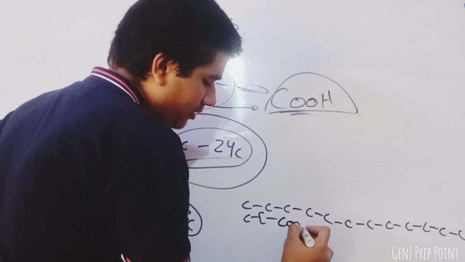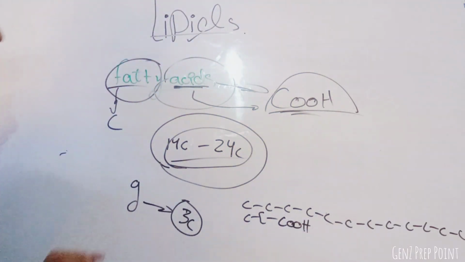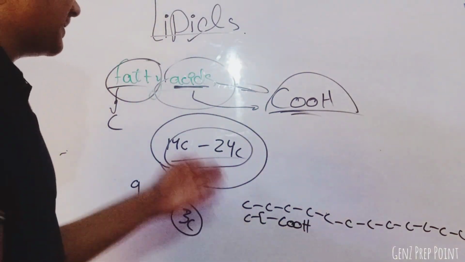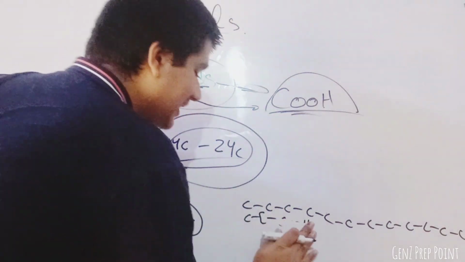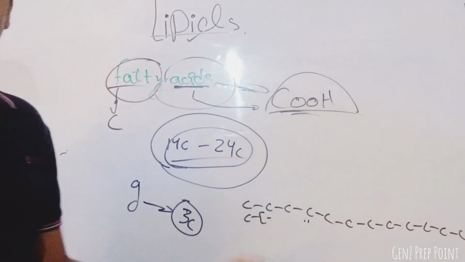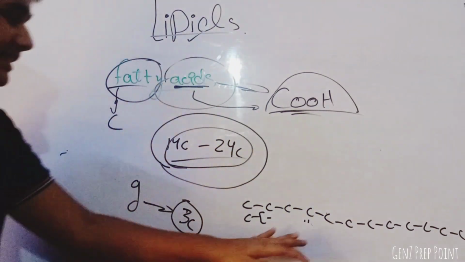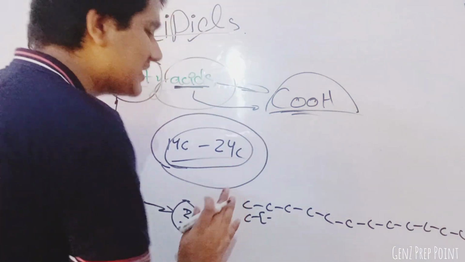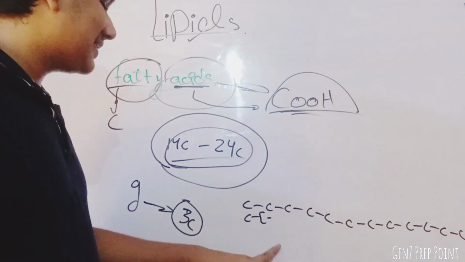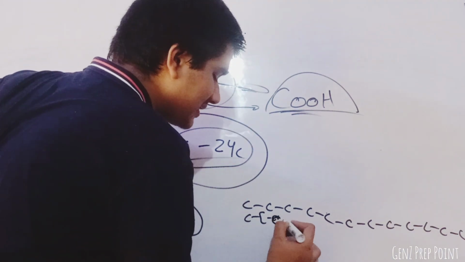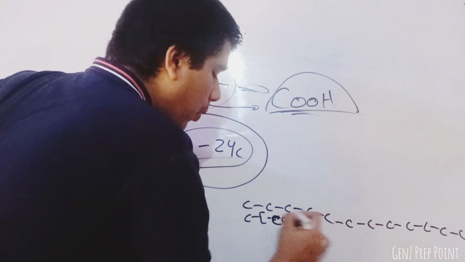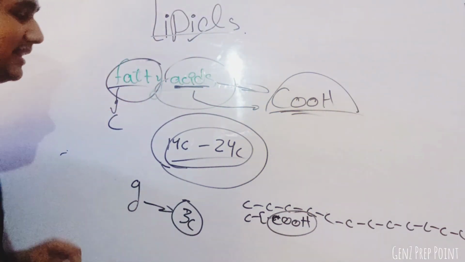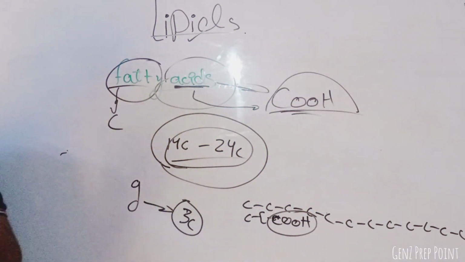It has COOH, carboxylic acid, and that's why it is called an acid. If it doesn't have this, it is only known as fatty. If it doesn't have COOH, I will call it fatty only, because it doesn't have the acidic property, which is COOH. When it does have this property, then I will call it fatty acids.